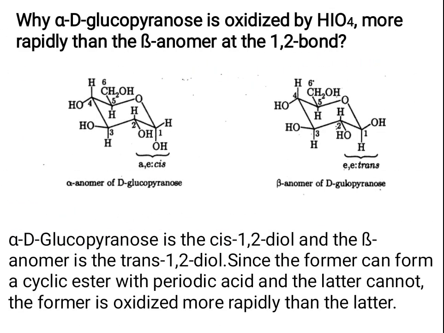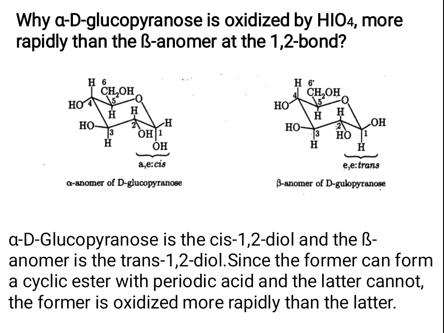Why is alpha-D-glucopyranose oxidized by HIO4 more rapidly than the beta anomer at the 1,2 bond? So at the 1,2 bond, the alpha-D-glucopyranose is oxidized faster by periodic acid. Then what is the reason behind it? Alpha-D-glucopyranose is the cis 1,2 diol and the beta anomer is the trans 1,2 diol.